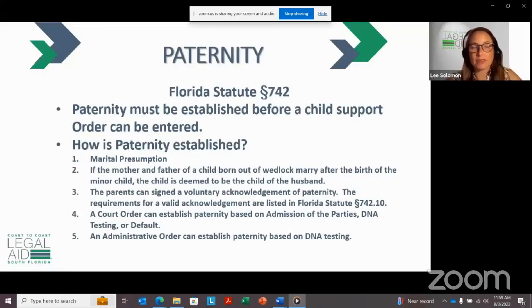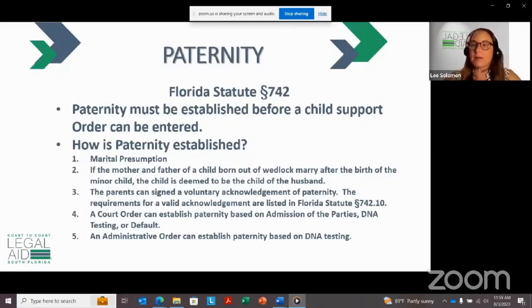The fourth way paternity is established is by way of a court order. So a court, when presented with a paternity case, can establish paternity based on the admission of the parties. So if both parents appear before the court and admit that the child is theirs and they're waiving any testing for the child, any DNA testing, the court can establish paternity based on the admission of the parties.